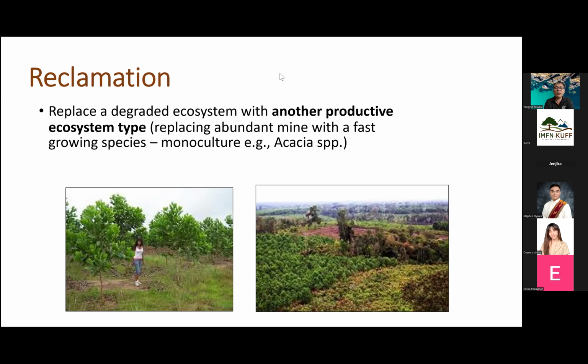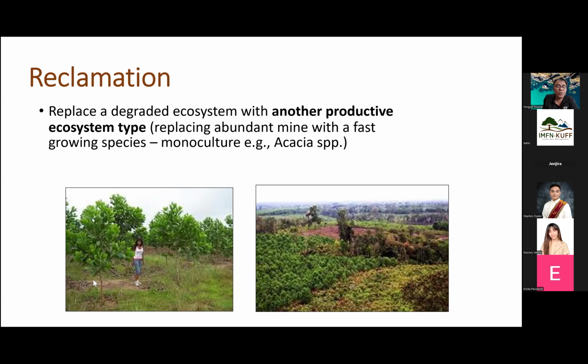So for a condition like this, we normally introduce pioneer species or exotic species that have resistance to drought or to the extreme environment, for example, acacia or eucalyptus.